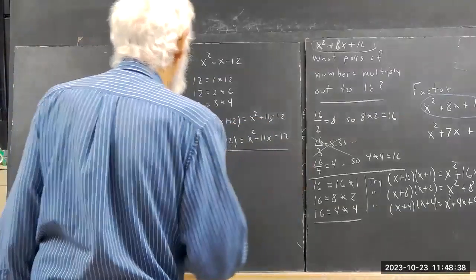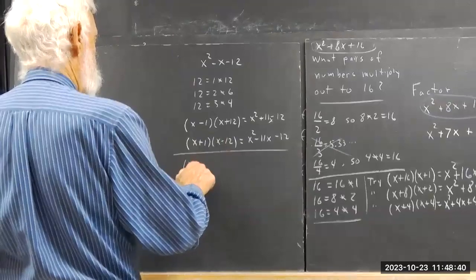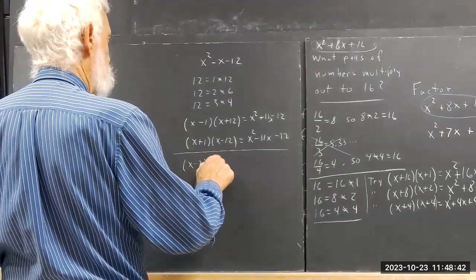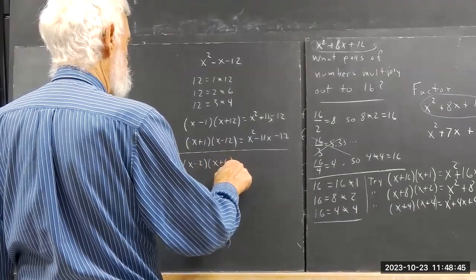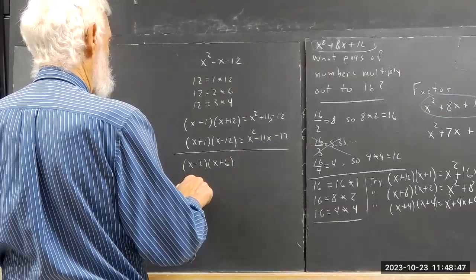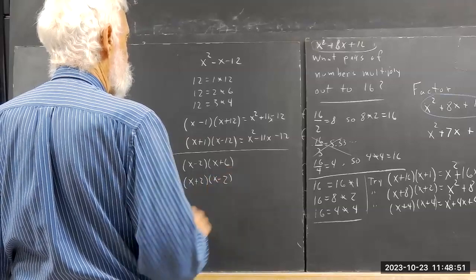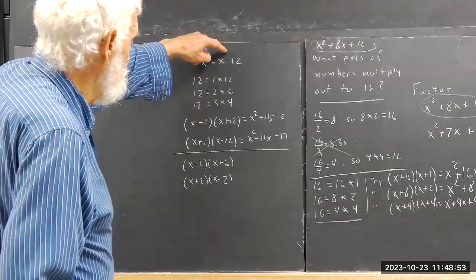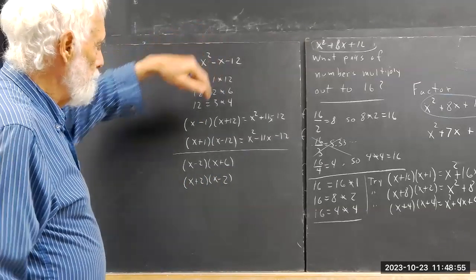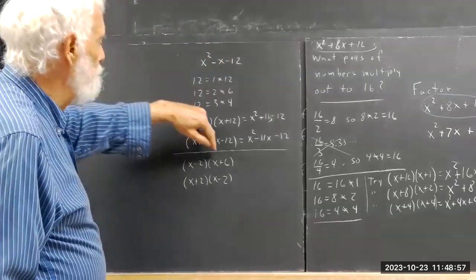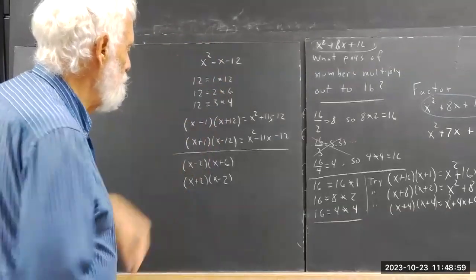Okay, well, we can then write out x minus 2 times x plus 6, or x plus 2 times x minus 6, because 2 and 6 give us 12. But to get minus 12, it's either got to be minus 2 times 6 or 2 times minus 6.